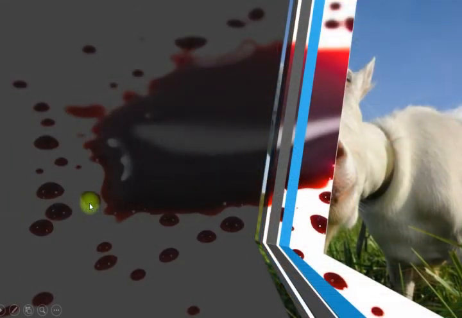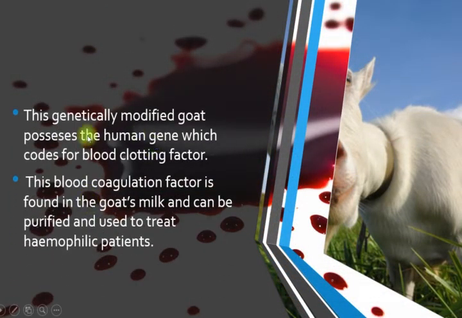Alright, so this is one of the examples of a GMO. The other example is the goat. This genetically modified goat has the human gene which codes for blood clotting factors. This blood coagulation factor is found in the goat's milk and can be purified and used to treat hemophilic patients.